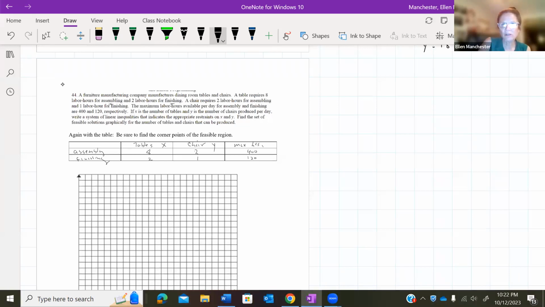Okay, so here's your equations. 8x plus 2y less than or equal to 400. 2x plus 1y is less than or equal to 120. And then because we're dealing with actual things, you can't have negative tables and chairs, so you have to have your restrictions. Okay, so I'm going to stop there as far as graphing this.